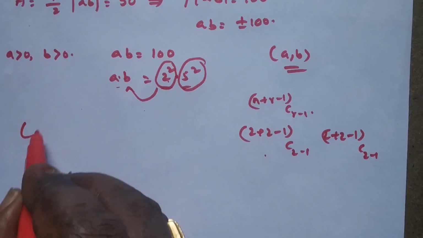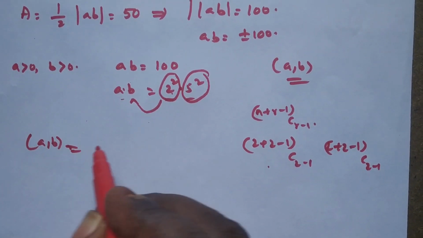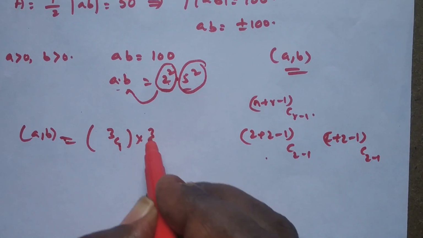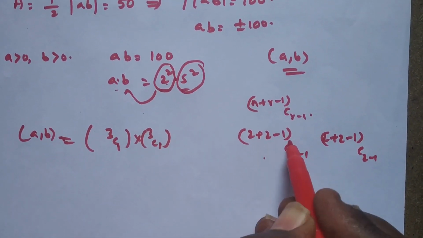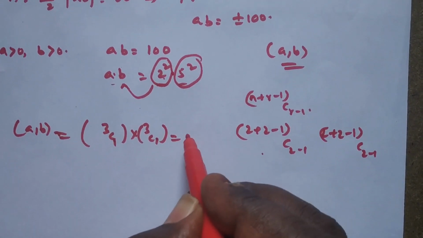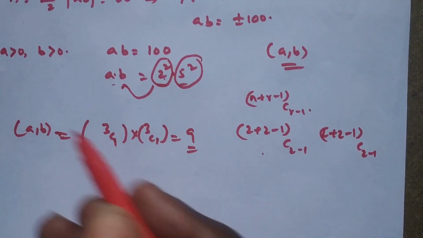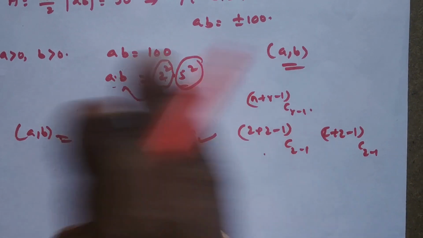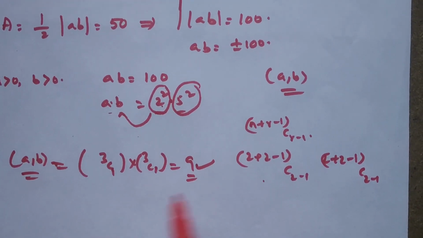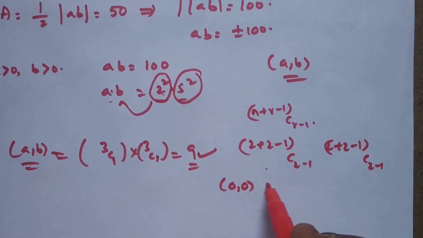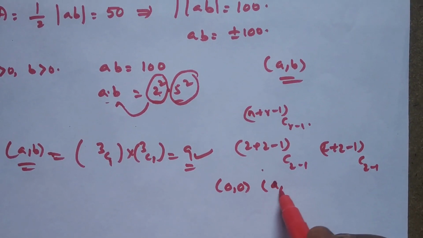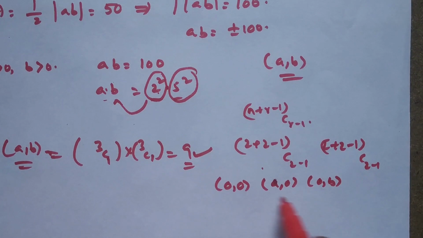So the number of possible ordered pairs A, B is equal to 3C1 into 3C1. This is 3C1, this is also 3C1. This is 9. So for the first quadrant, how many points are obtained? 9 points. 9 ABs means 9 triangles having vertices (0,0), (A,0), (0,B).